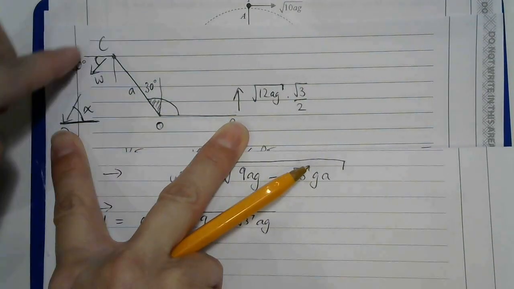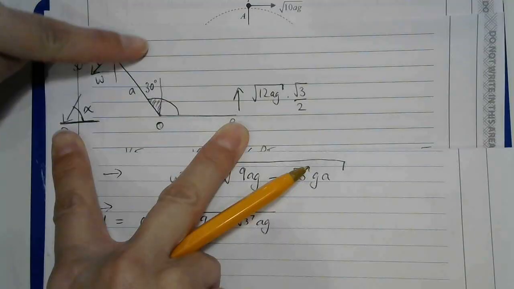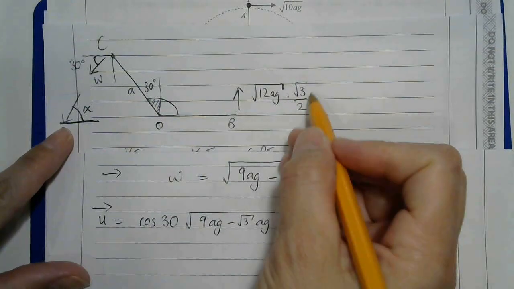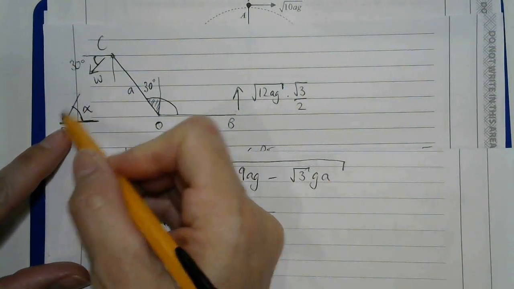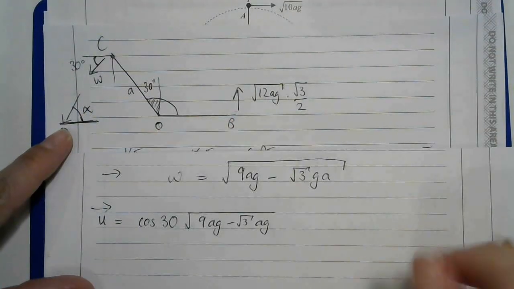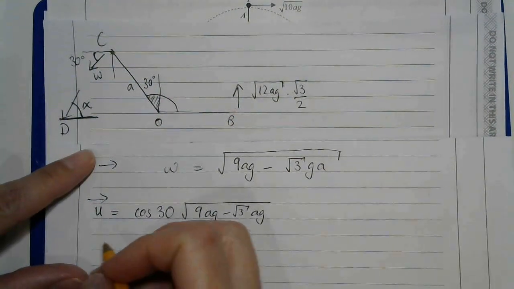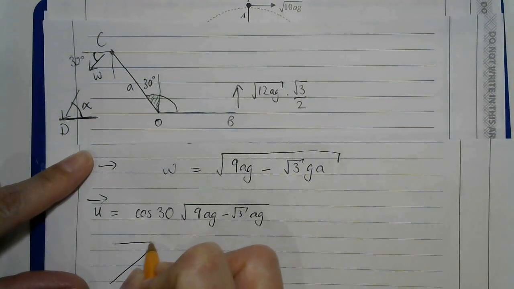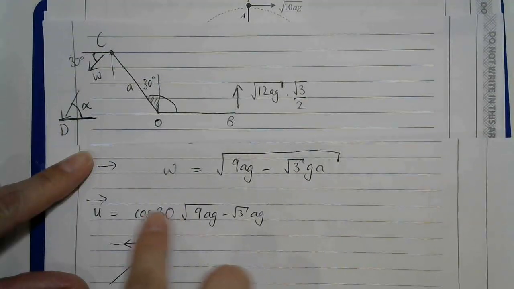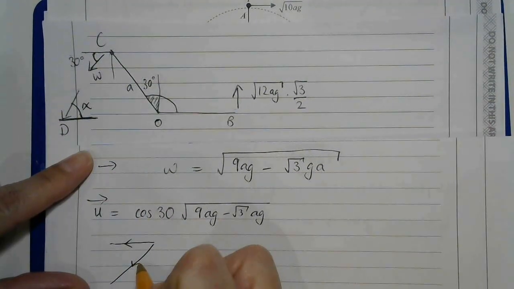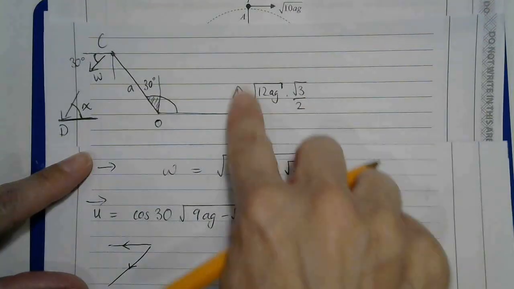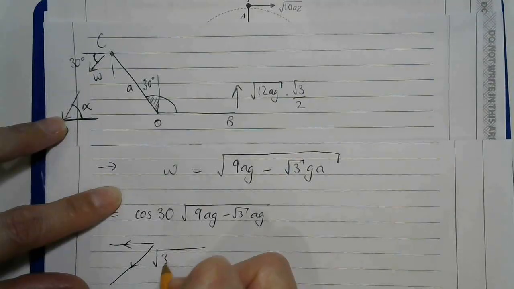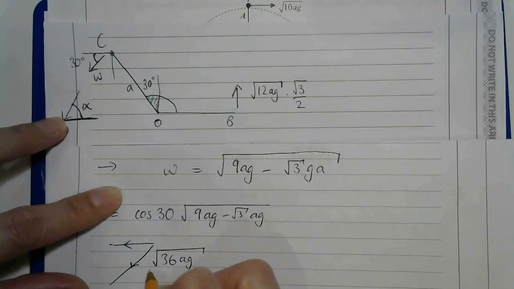There was no work done. It gained a load of potential energy, but then it lost it all again. And so I can say that this speed equals this speed here. So the final speed is root 3 times 12 is 36 ag over 2.